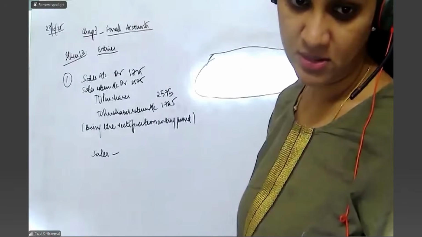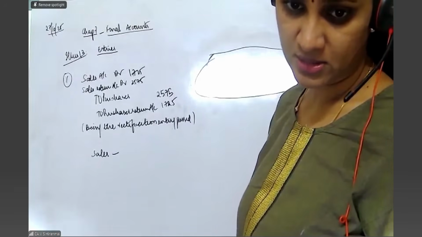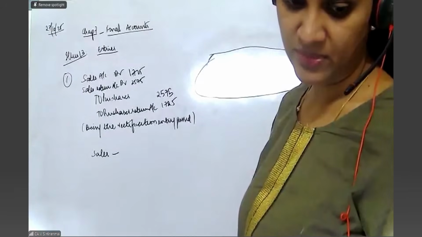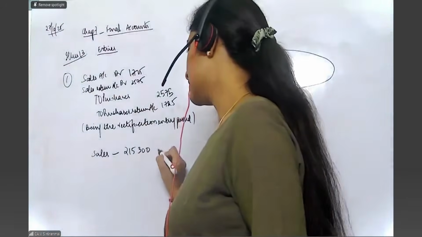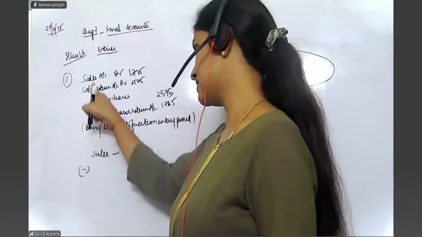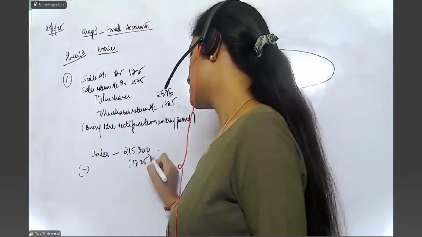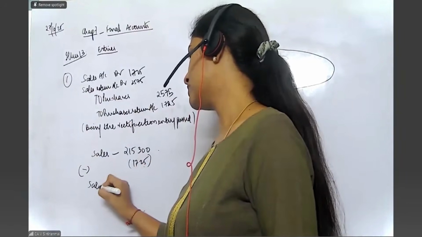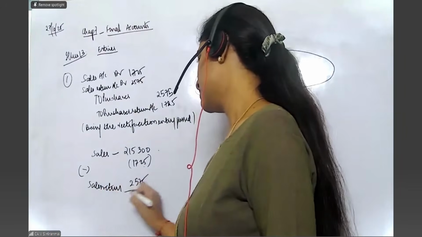Sales is given: 2,15,300 is the sales. So from that, the first thing is how much you have reduced, 1,000, this much, and now you have to reduce the sales return also, which is 2575.